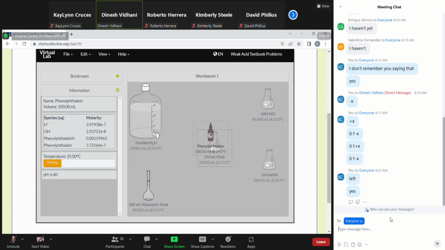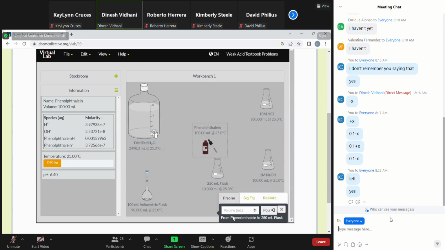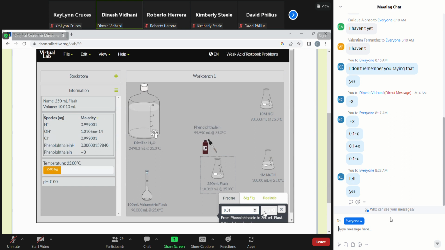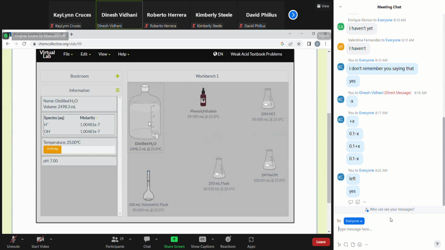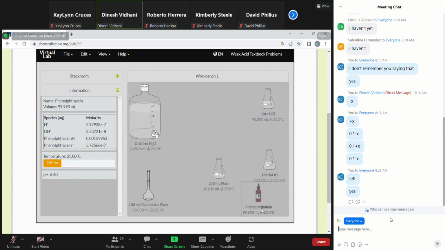So I'm going to add phenolphthalein. I will just add a small tiny drop, 0.01 milliliters, right? We don't need to add more because if you add more, it's going to interfere with your reaction.